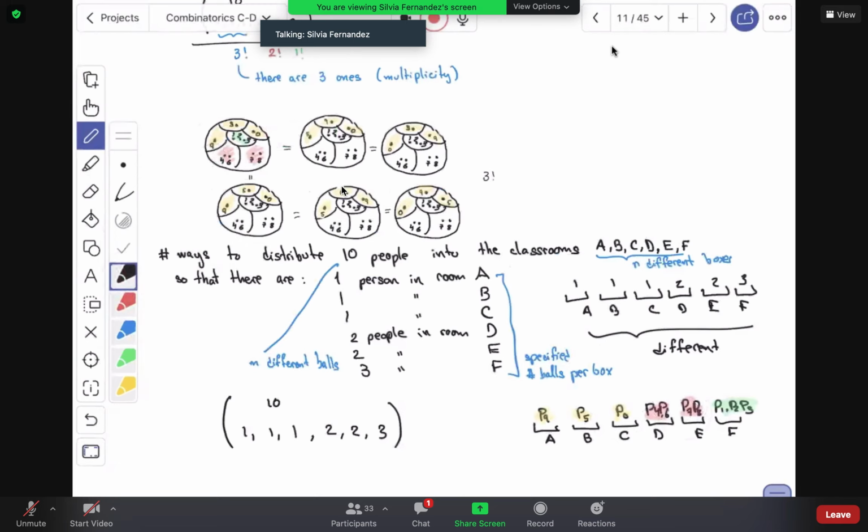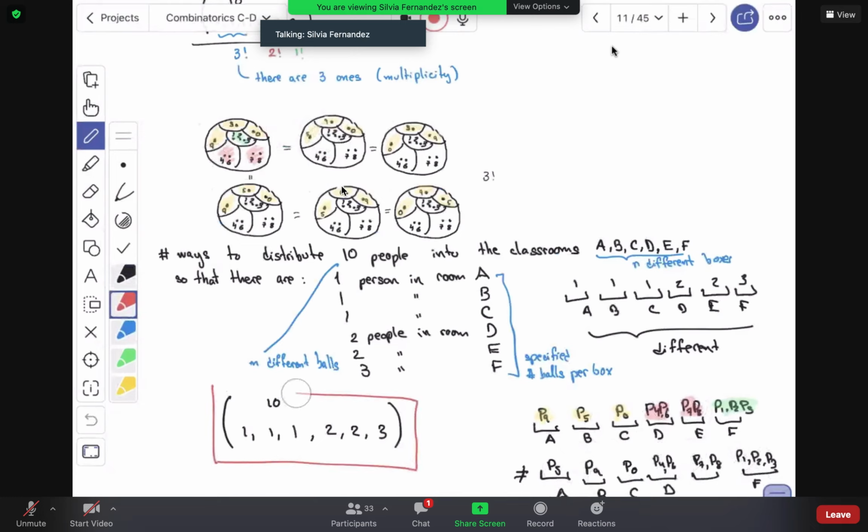And this time around, this is different from having, let me go with the second one right here. This time, this is different from having P5, P9, P0, P4 and person 4 and 6, person 7 and 8, and people 1, 2, and 3. See, this time they're different. That's why this time I don't divide by anything.